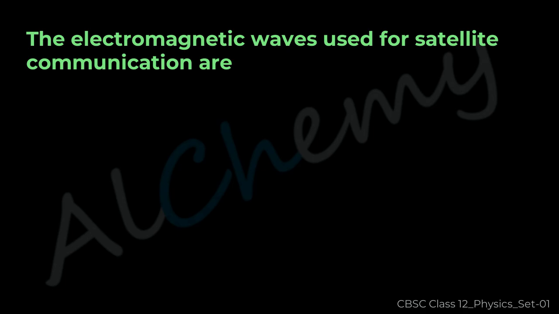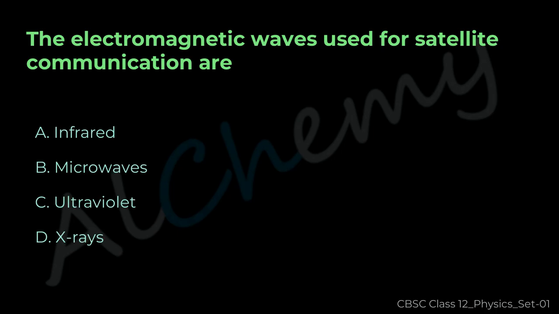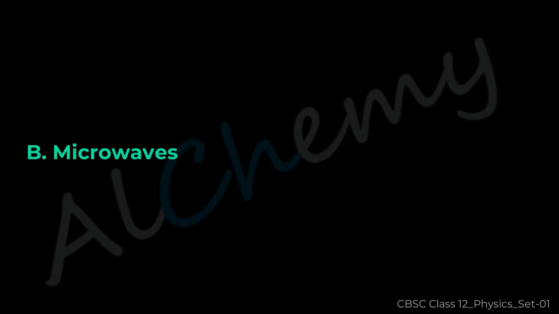The electromagnetic waves used for satellite communication are A. Infrared, B. Microwaves, C. Ultraviolet, D. X-rays. The correct answer is B.